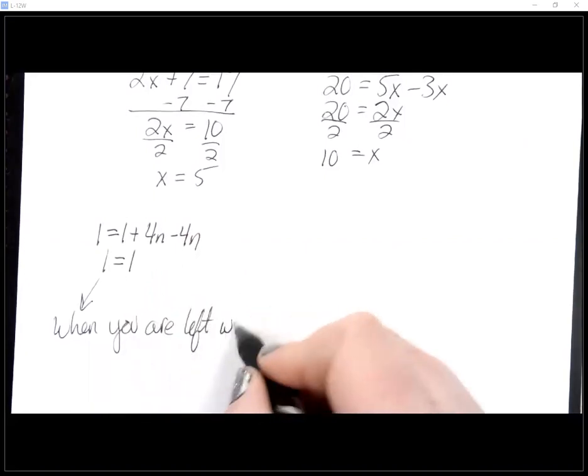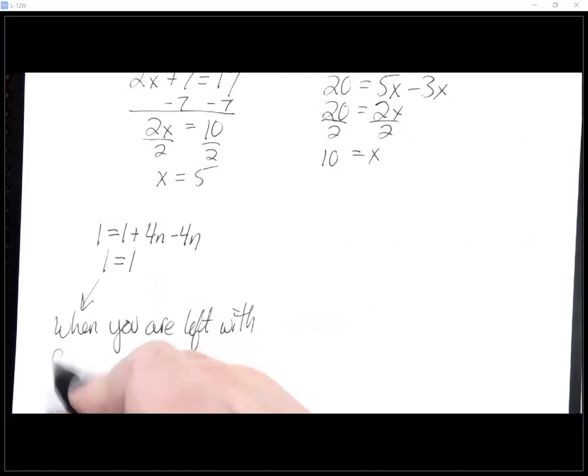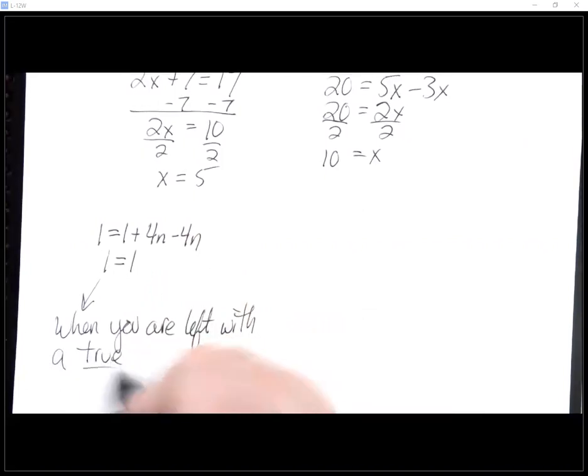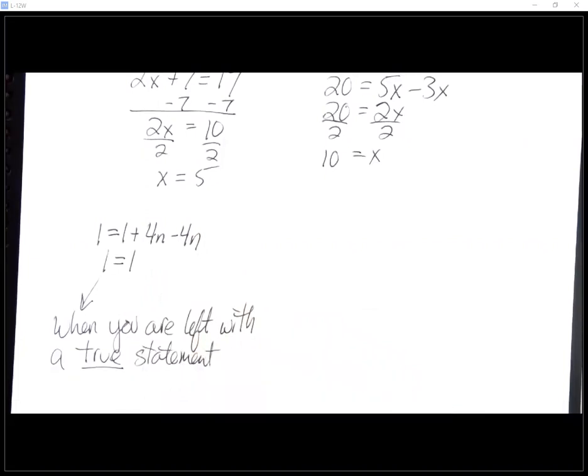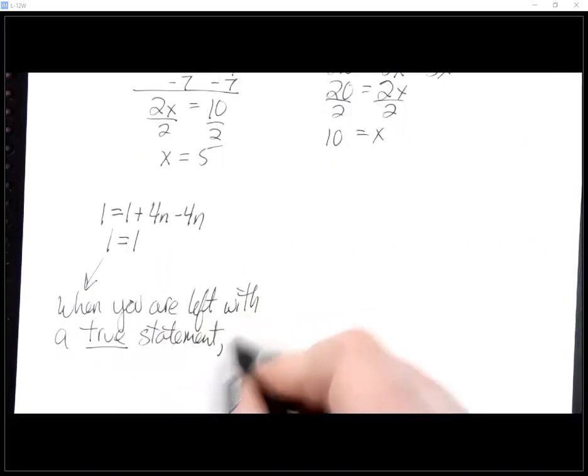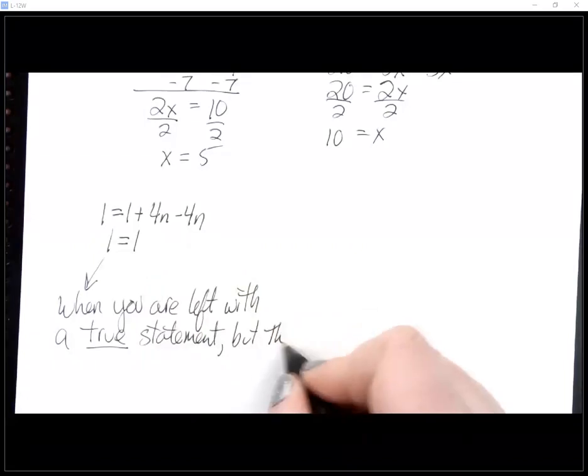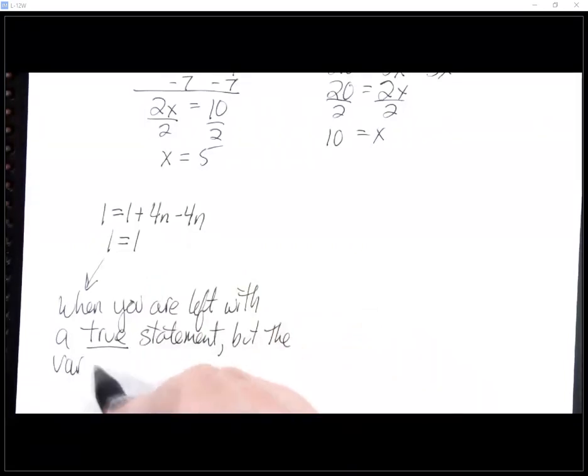So when this happens, so let's say when you are left with a true statement, but the variable has been canceled out.